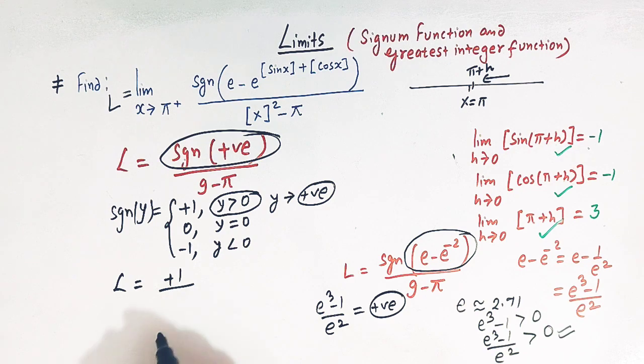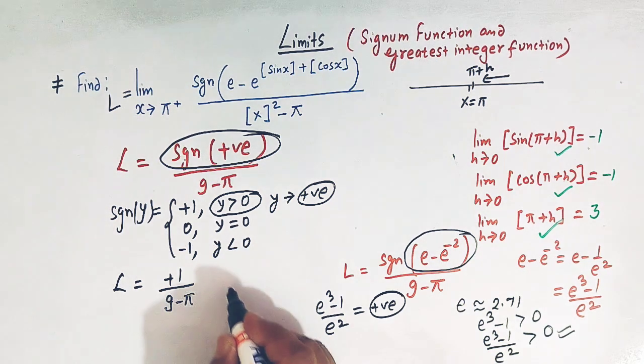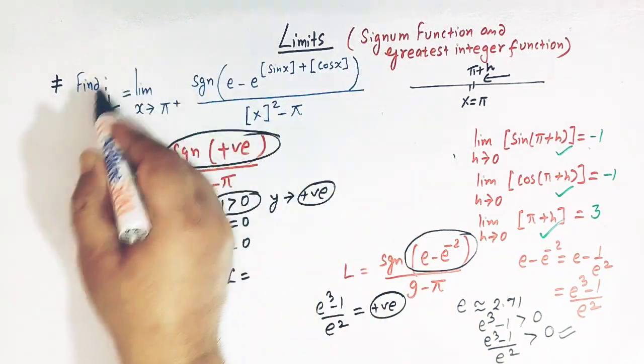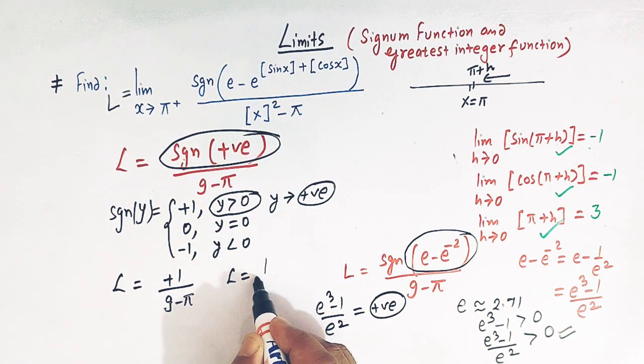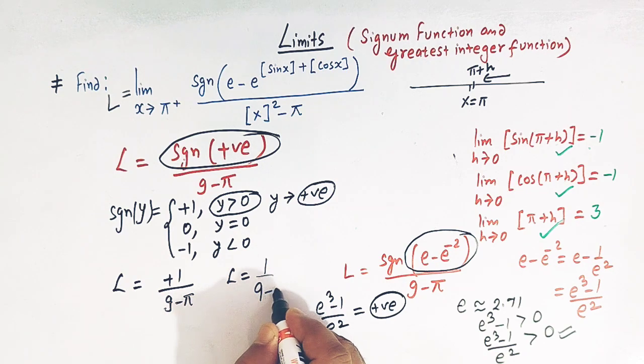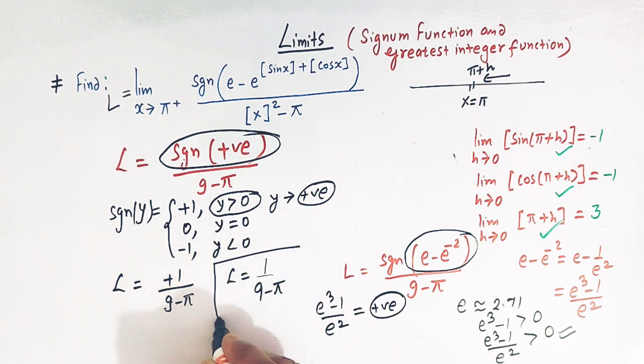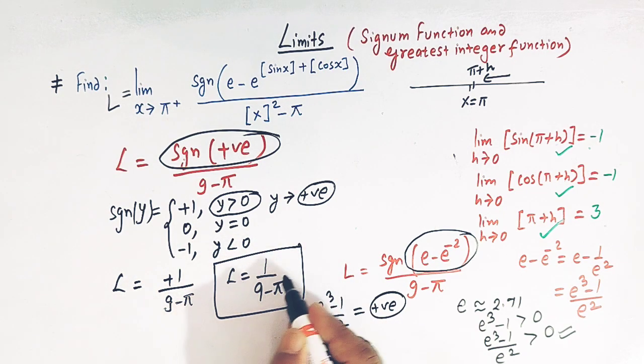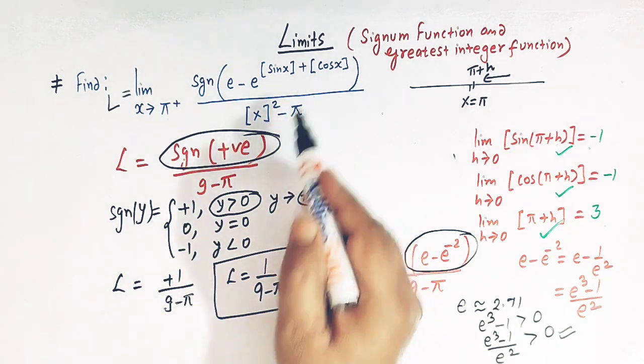So we have plus 1 over 9 minus pi, right? So the value of this limit is equal to 1 over 9 minus pi. So viewers, this is how we can solve this limit.